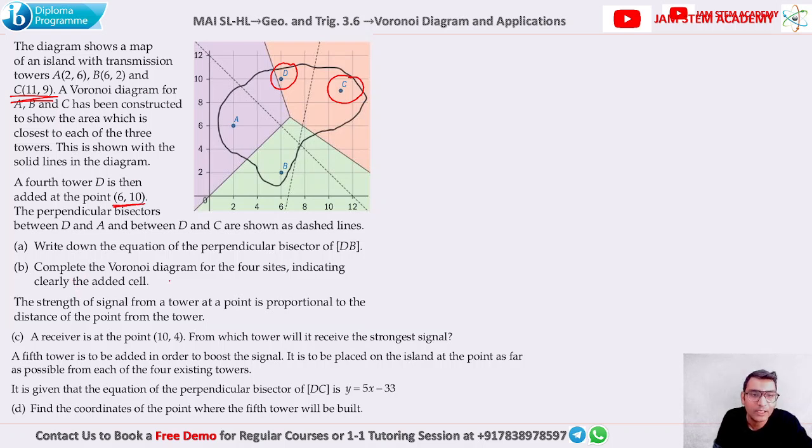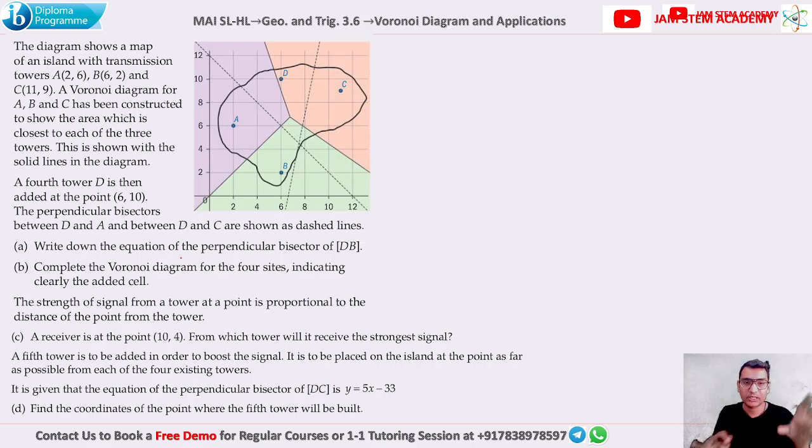Part B says complete the Voronoi diagram. Same as previous, you have to add this site D, and now you have to find what the new diagram will be. And remember, perpendicular bisectors are already given to us here also, so you can draw the perpendicular bisector.